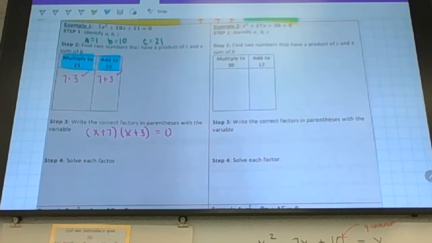Last step, solve each factor. The zero product property.